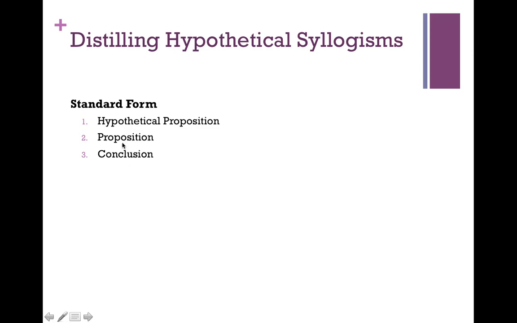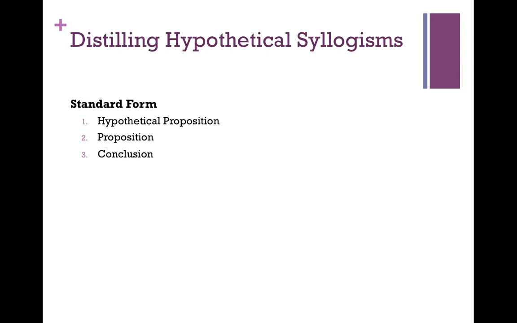Now I say non-hypothetical proposition because if you have a pure hypothetical syllogism, everything in it's going to be hypothetical. But when you're dealing with a mixed hypothetical syllogism, always list your if-then proposition, your hypothetical, first. So premise 1 should be if-then, premise 2 should be your non-hypothetical, and then the conclusion will also be non-hypothetical as well.